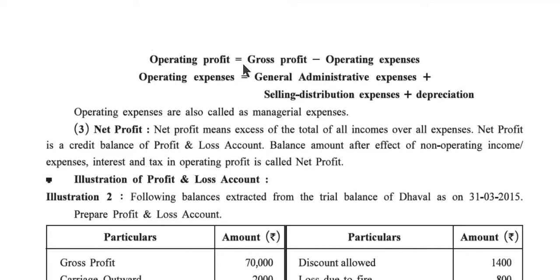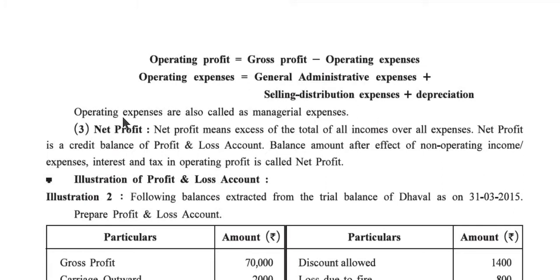So operating profit is equal to gross profit minus all the operating expense, and the remaining amount is called operating profit. Operating expenses are also called managerial expenses. To run the business, the expenses we incur under management are called managerial expenses.